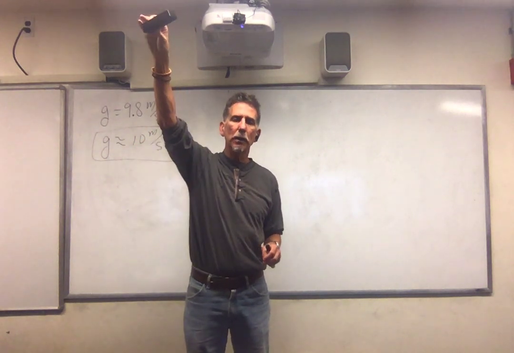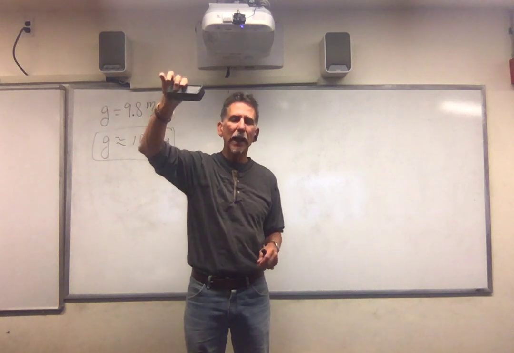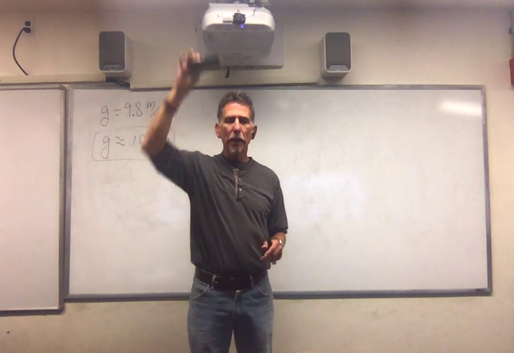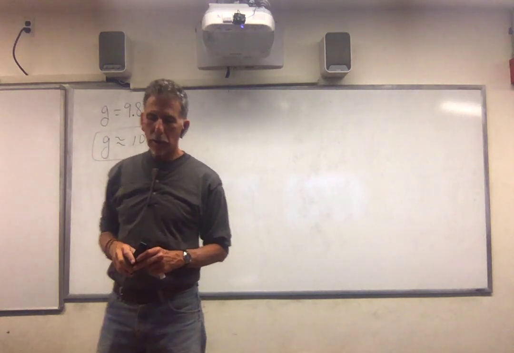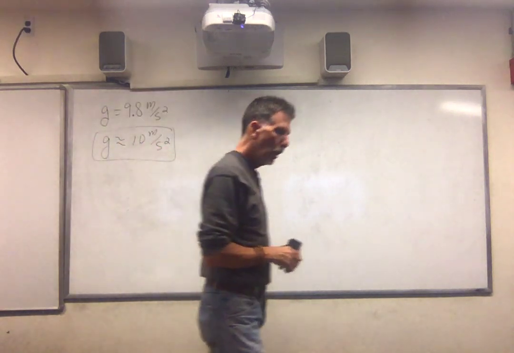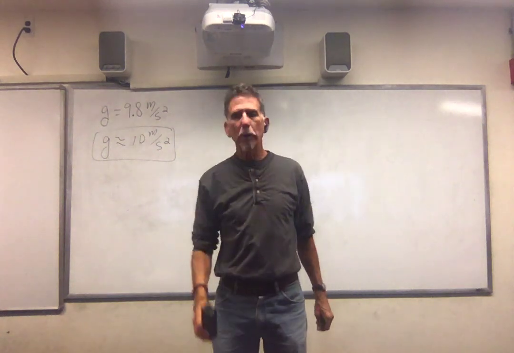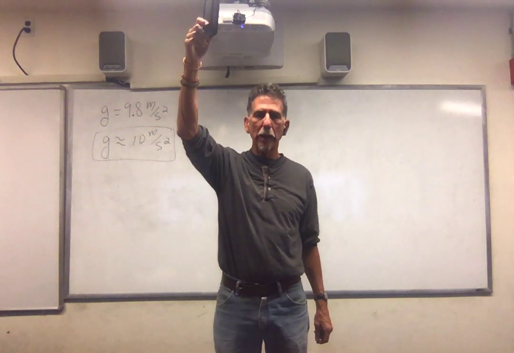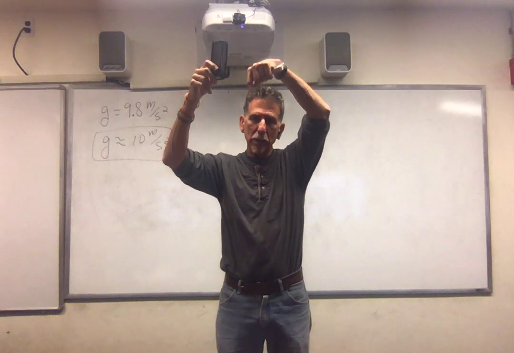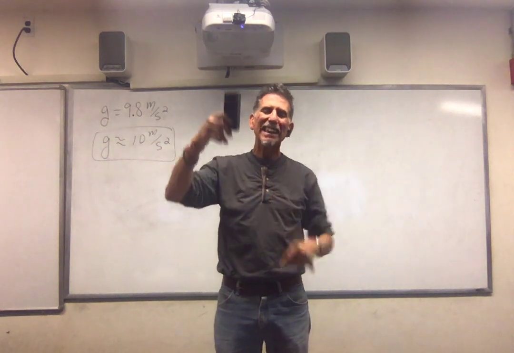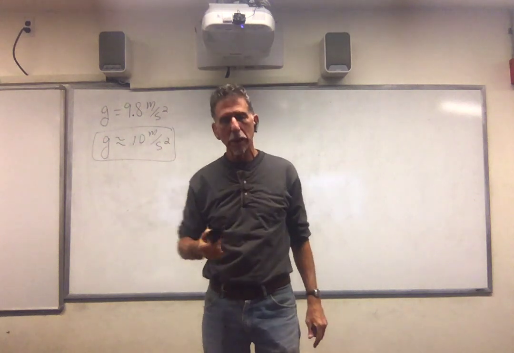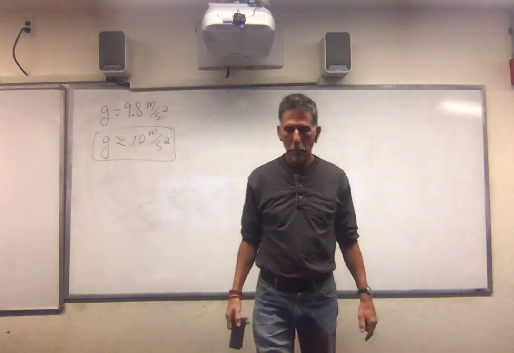In 11 seconds, it's moving at 110 meters per second. Every second it falls, the speed increases by 10 meters per second every second. By the same token, if I throw an object straight upwards, what's happening? Well, the acceleration due to gravity is this way, so the object is decelerating, and so its speed decreases by 10 meters per second every second.